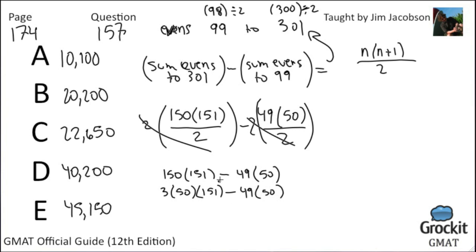So we can multiply this out again. This is the same thing as 50 times 3 times 151 minus 49. We'll carry this over up here and rewrite it so we don't lose track.